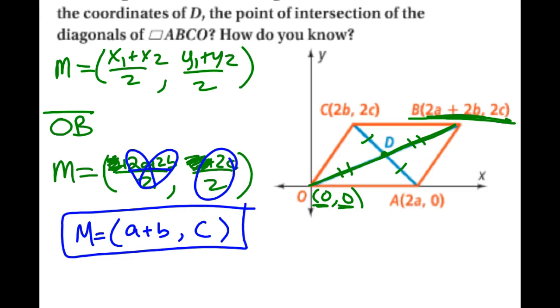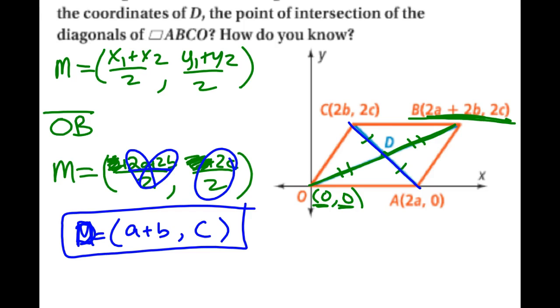Now, if you wanted to, you could also do this with the other diagonal, CA, and you should get the exact same thing. So the midpoint, or point D, which is what they asked us, is at a plus b, comma, c. So do you see why maybe having those 2's as coefficients with those ordered pairs makes things a little bit more simple for us as we go through?